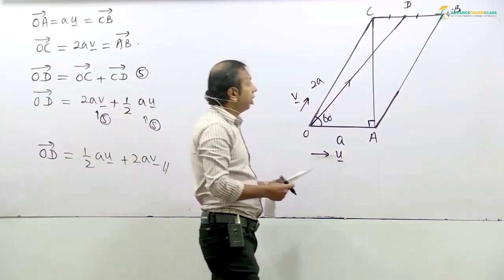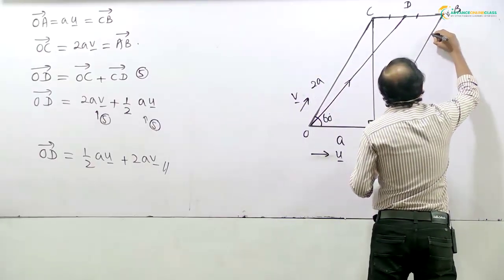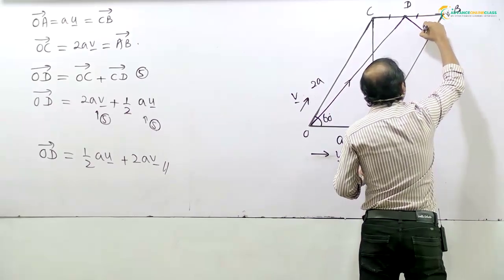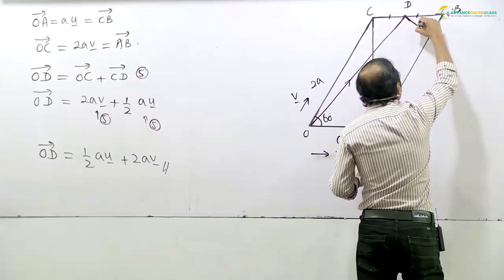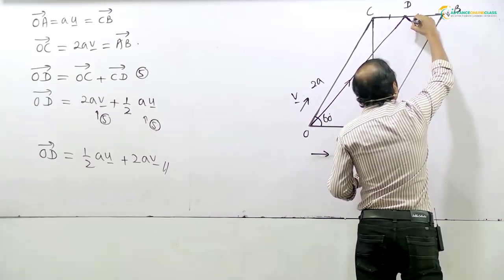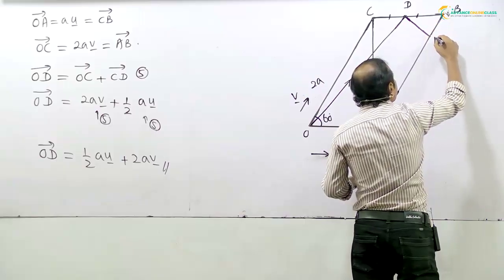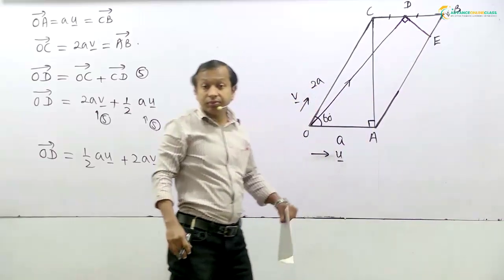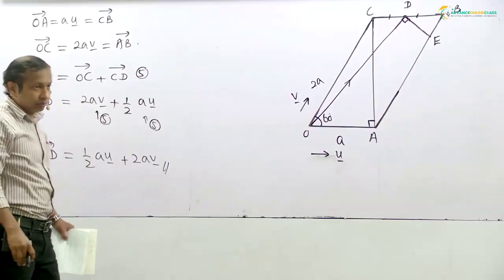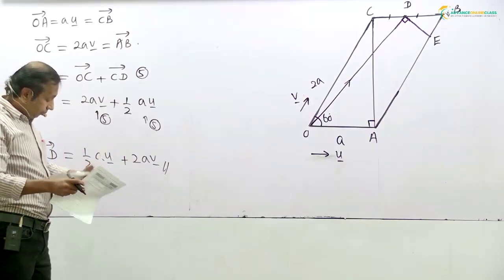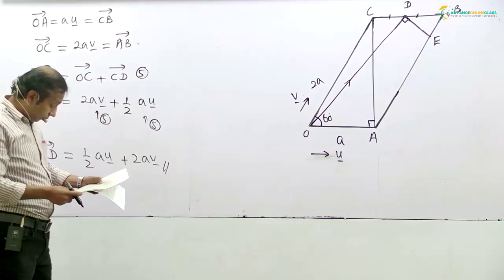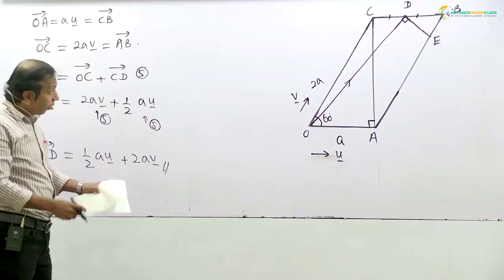OD is perpendicular to DE. We have point E here. Right.